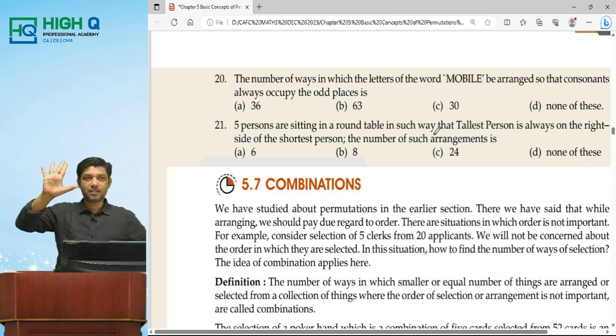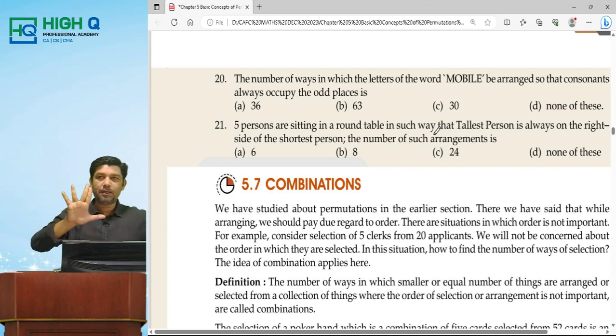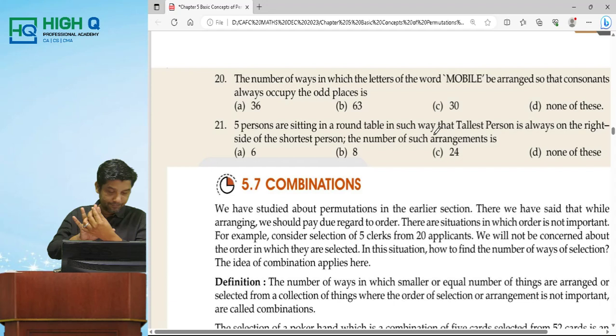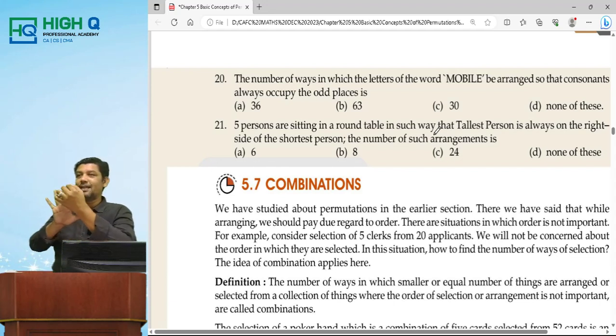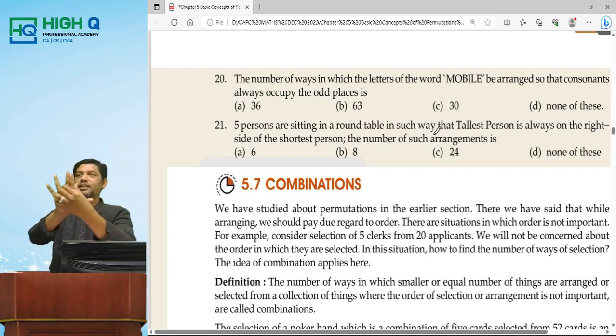Tallest and shortest together. What is it? 2 factorial into 4 factorial. But remember, there is a condition: the tallest person is always on the right side of the shortest. That means we are not supposed to arrange these 2 people, because that arrangement is given. So these 2 people can be arranged in only one way.